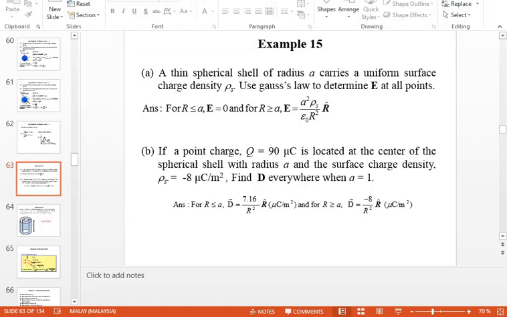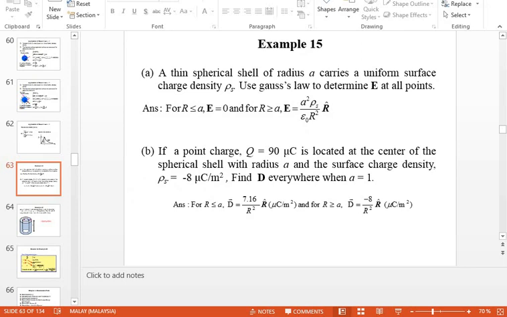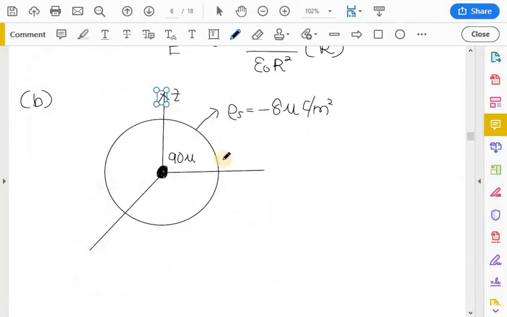One more piece of information: 90 microcoulombs. So now you have a charge here, 90 microcoulombs, and A equals 1. This is your A. Find the electric field when A equals 1. You have to find the electric field. This is a positive charge, and this is a negative charge, right?